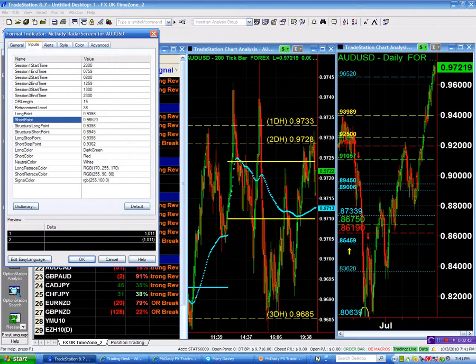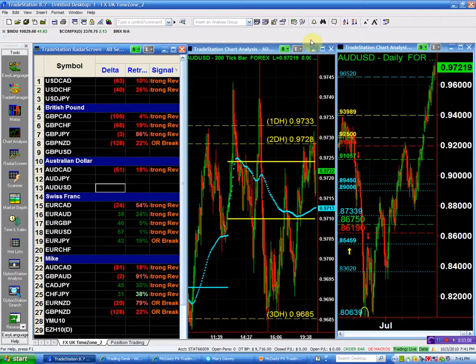So we shouldn't care, it's none of our business. As long as it's above the 96.52, we are going to be long the Australian dollar. If it breaks below 96.52, I'm going to short the Aussie dollar, and the 96.52 is now my new structural short to the downside.